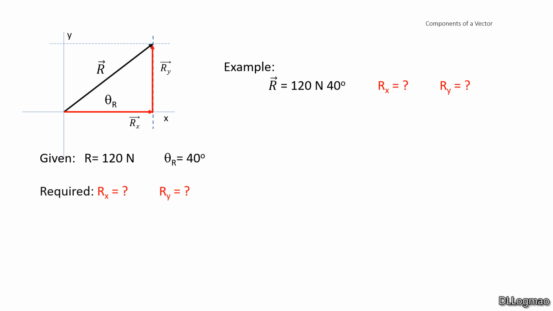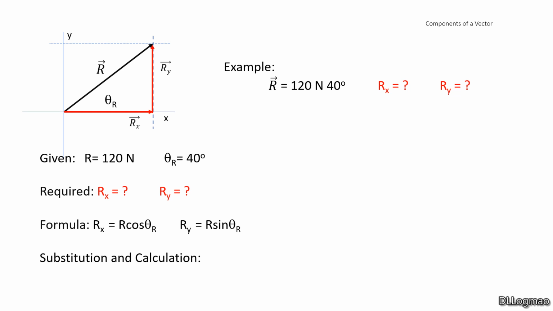The formula to use to obtain these components are r sub x equals r cosine theta sub r and r sub y equals r sine theta sub r. Substitute the magnitude and direction of vector r. R sub x equals 120 newtons times cosine 40 degrees.